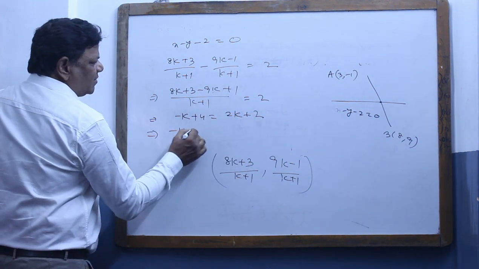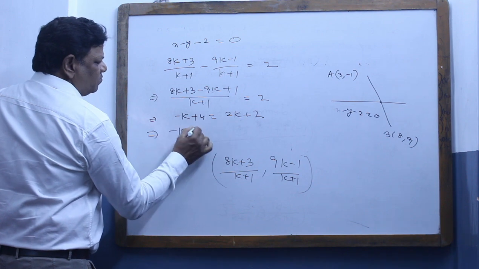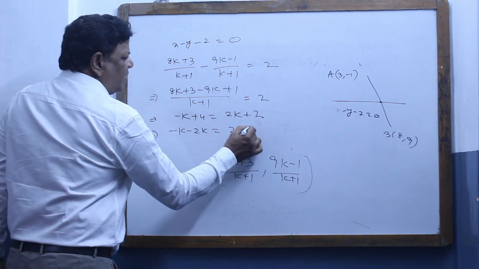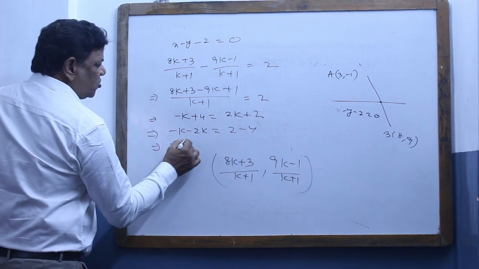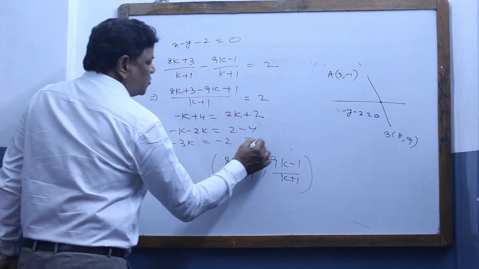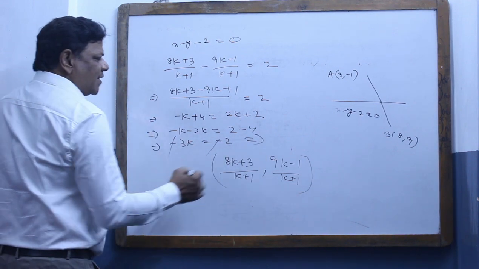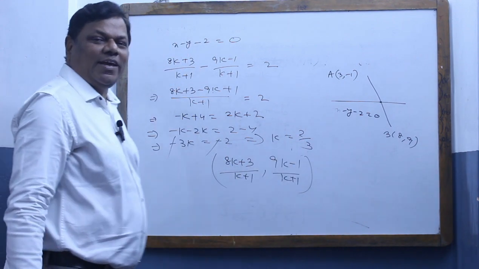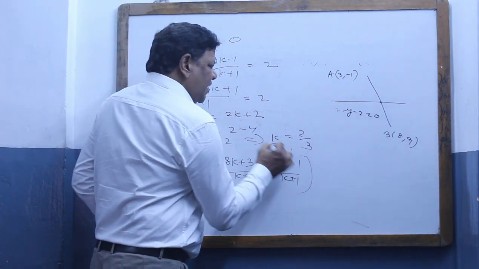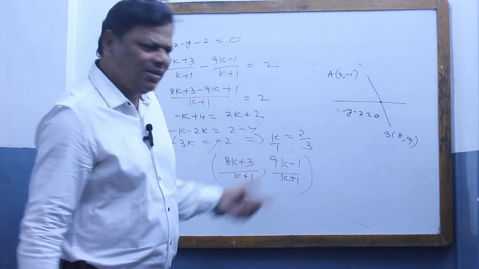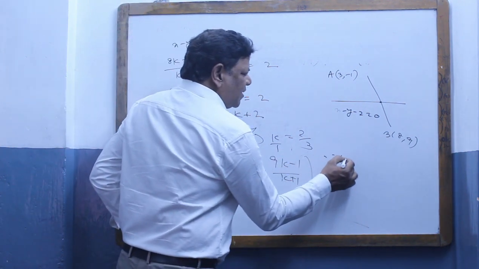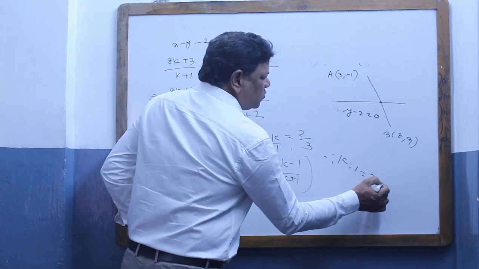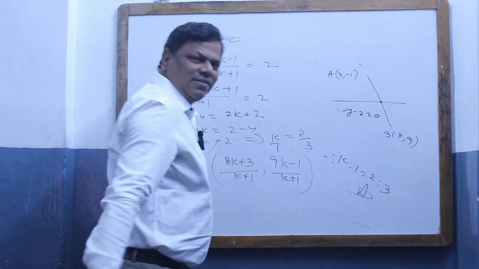So what is coming? Minus k minus 2k equal to 2 minus 4, that means minus 3k equal to minus 2, implies that minus minus cancel, k equal to 2 by 3. K equal to 2 by 3. K means k is to 1, k by 1 I can say. Therefore I can say the ratio is 2:3, is your answer.